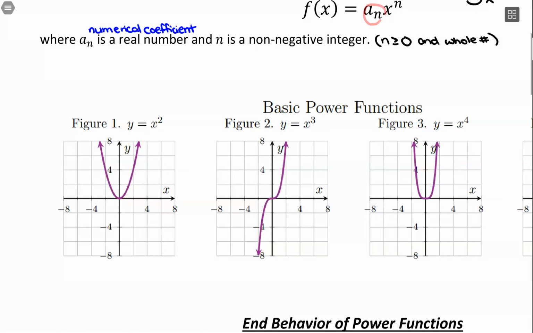Now, if you think about plugging in different values for a subscript n, like if we did 2x squared, what would that do to our function? Well, that would make the vertical stretch occur. So I would stretch it out like that. And same thing if we did 10x squared, it would stretch it.